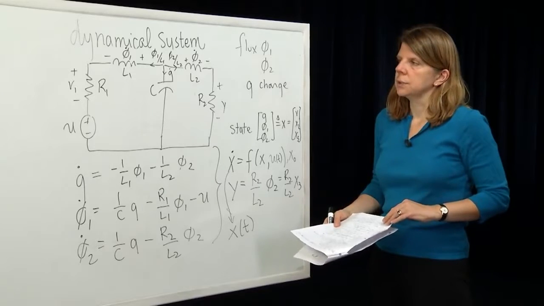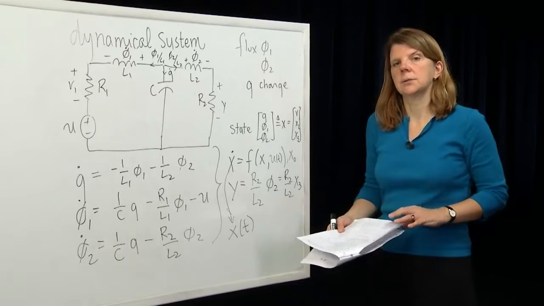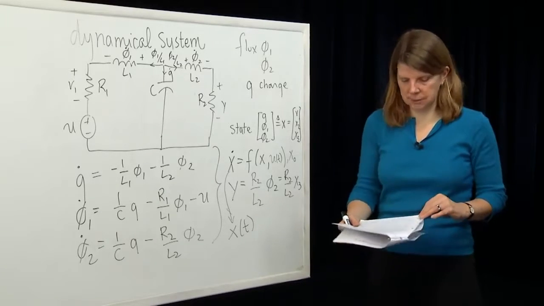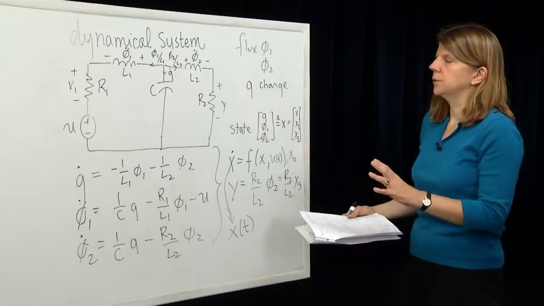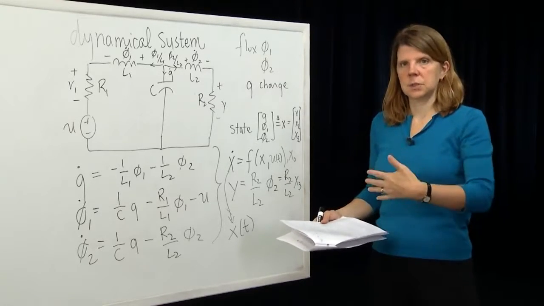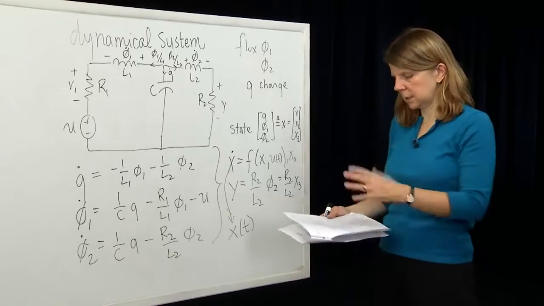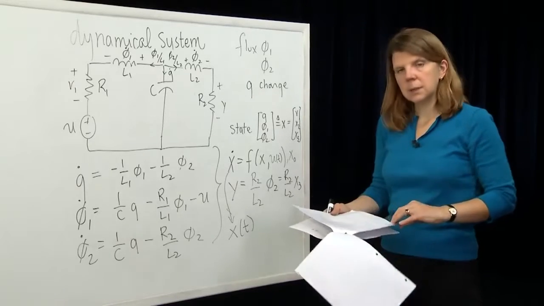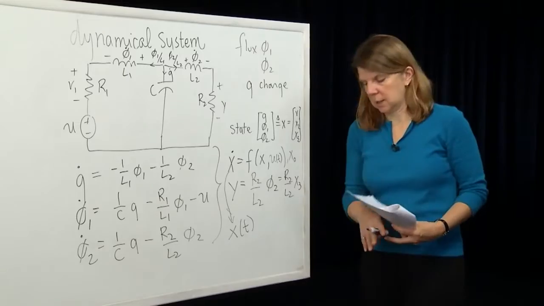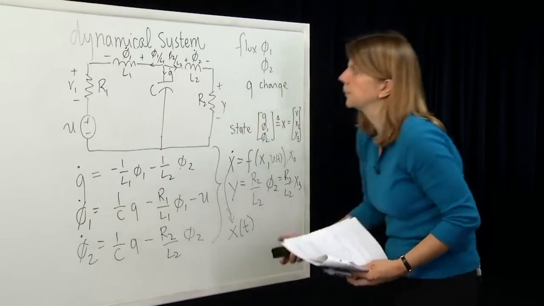And then let's conclude today by looking at two axioms that any dynamical system must satisfy. We've defined a dynamical system so far in terms of these 5 elements. We did an example, but there are 2 things that any dynamical system must satisfy, and those are called the axioms.